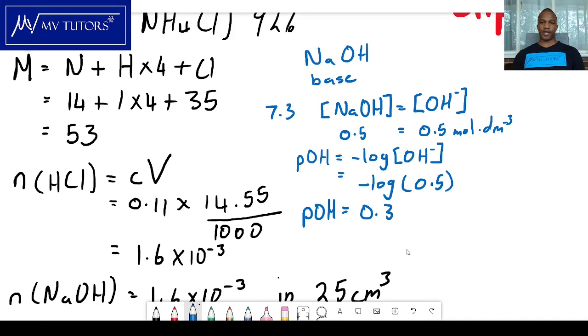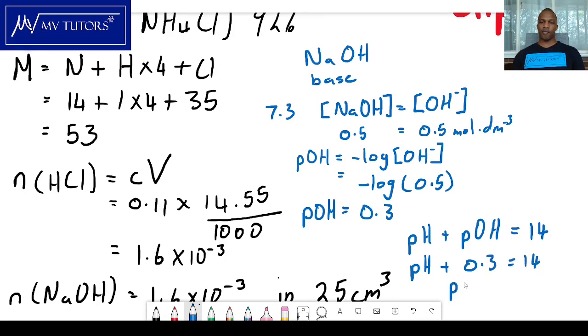Okay, so pOH is 0.3. Now, remember the principle that pH plus pOH, when you add them, they equal 14. So pH we don't know, that's what we're trying to solve, but pOH we know is 0.3, that's equal to 14.